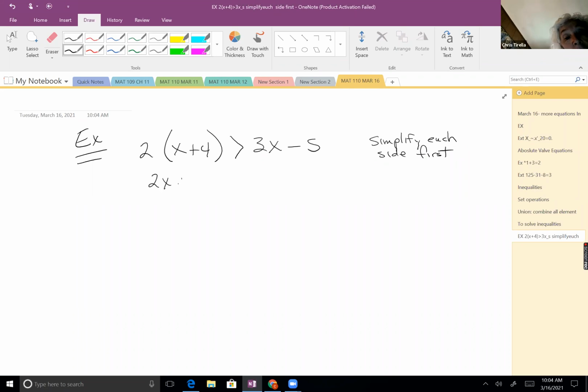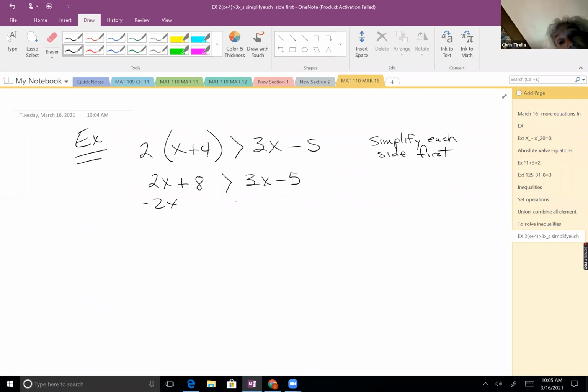I get 2x plus 8 is greater than 3x minus 5. Then we want to get all of the variables on the same side. So what would you rather do? Subtract the 2x from both sides or subtract the 3x from both sides? Subtract the 2x from both sides.